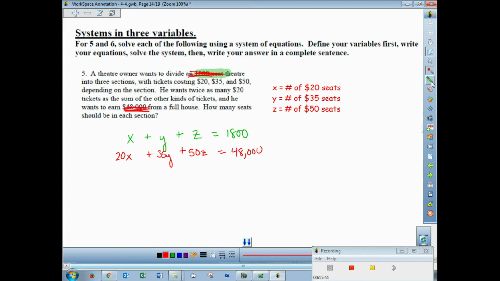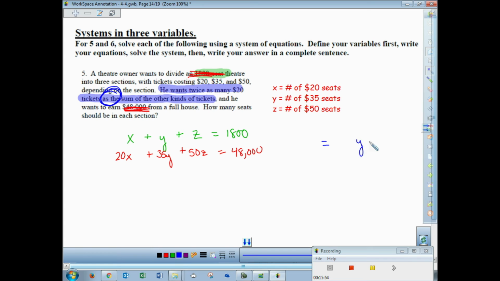The only thing I've got left to write is this part. He wants twice as many $20 tickets as the sum of the other kinds of tickets. This one takes a little bit of work off to the side. Remember we let the $20 tickets be x, so the other kinds of tickets are y and z.